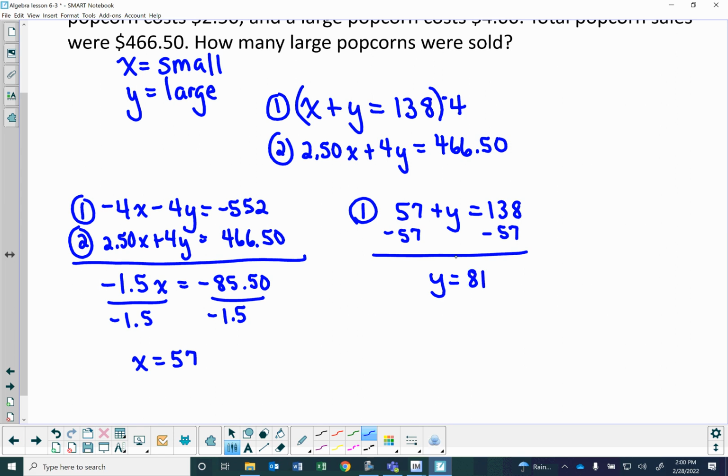Since it is a word problem, we would say they sold 57 small popcorns and 81 large popcorns. Now I know it didn't ask me for how many small popcorns, but it never hurts to write them both down because then you'll definitely get the one they want. So they sold 57 small and 81 large popcorns.